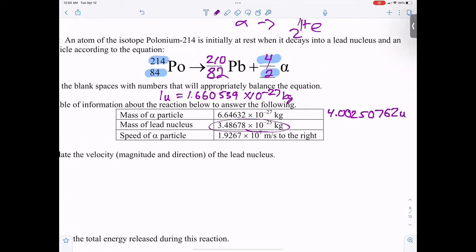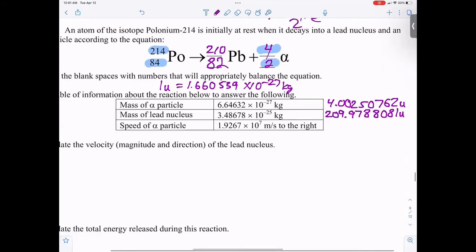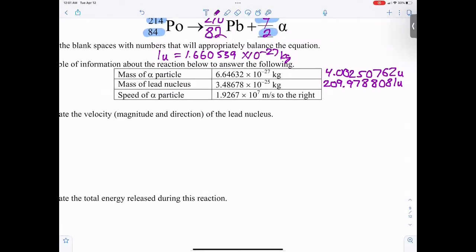Similarly, take this and divide it by that equivalence to 1 atomic mass unit, and the mass of the lead nucleus is about 209.9788081 atomic mass units. Okay, so now for part B, calculate the velocity, magnitude, and direction of the lead nucleus.